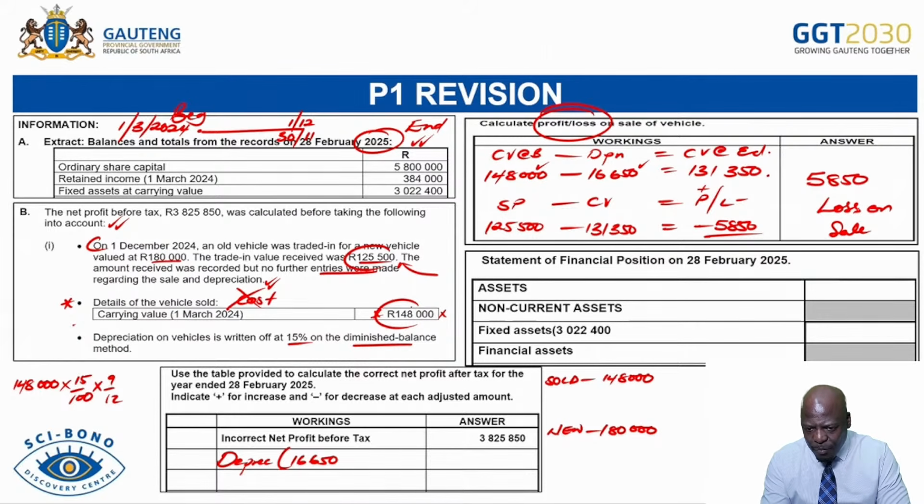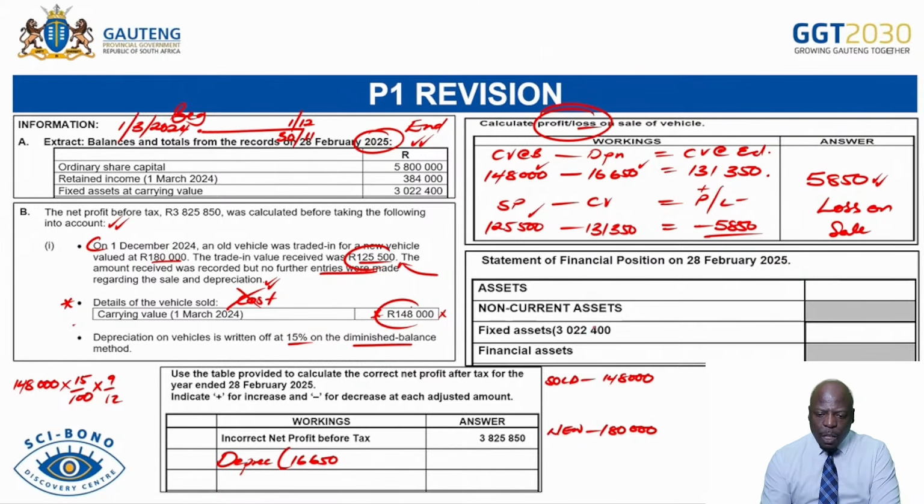Here they wanted us to calculate either the profit or the loss, and we know this is a loss on sale. Why is it a loss? Because we received 125,500 for a vehicle with a carrying value of 131,350. So our vehicle has a higher carrying value than the value that we received when we disposed of it.